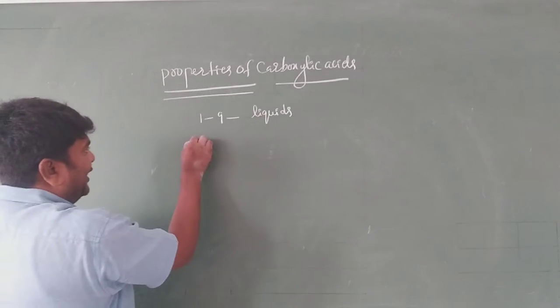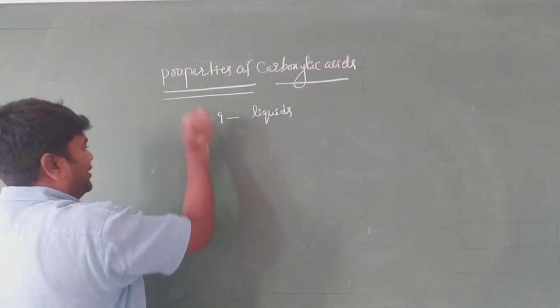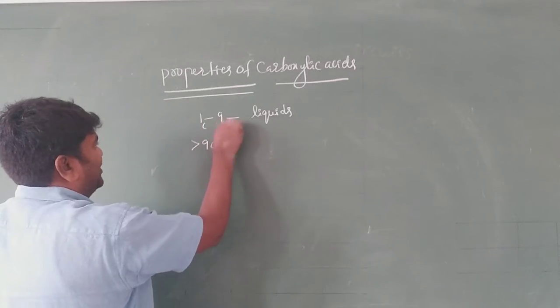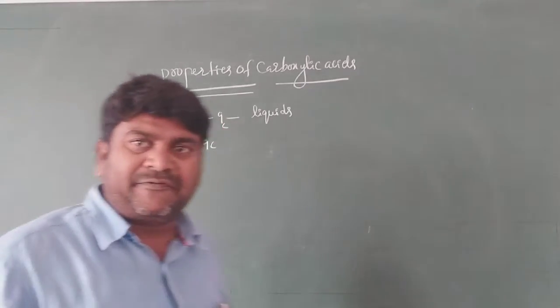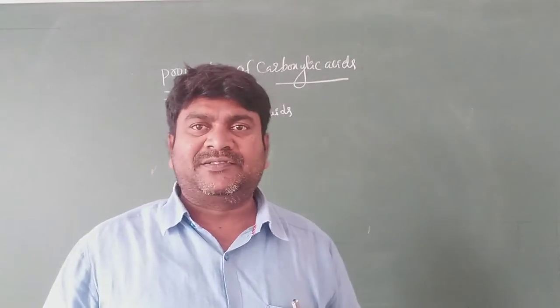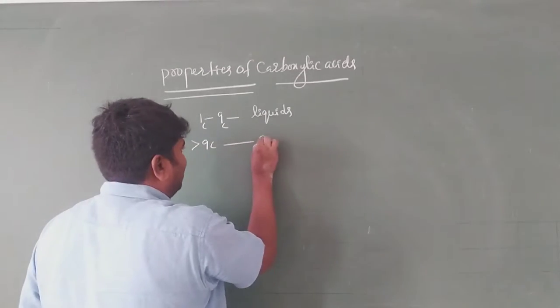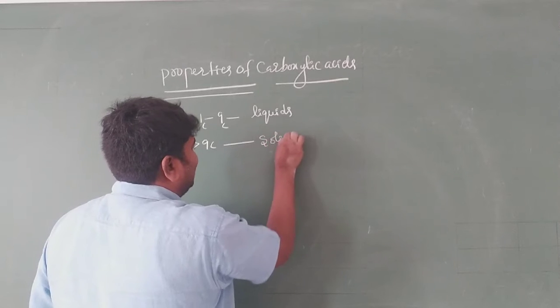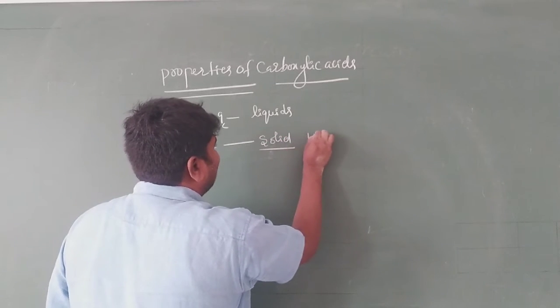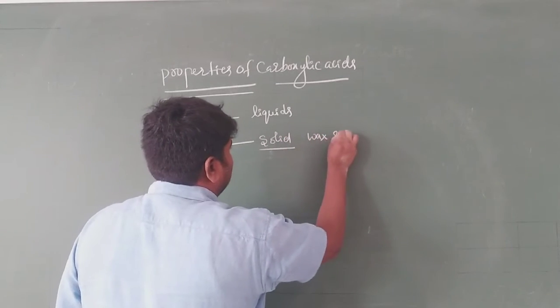Next one, greater than 9 carbons, that means from 10 carbons, 11 carbons, 12 carbons, they are solids, especially wax solids.